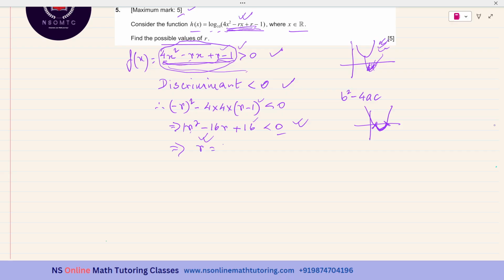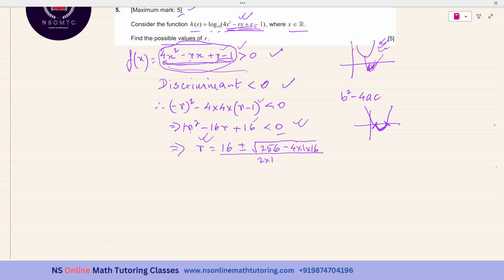So it is minus b, so 16 plus minus square root of 16 squared, which is 256. You may check. Negative 16 whole squared is 256, minus 4ac, so 4 times 1 times 16 is 64, divided by 2 times 1.